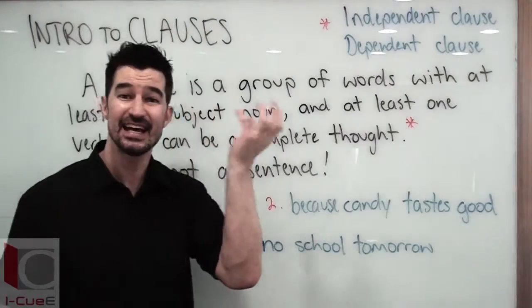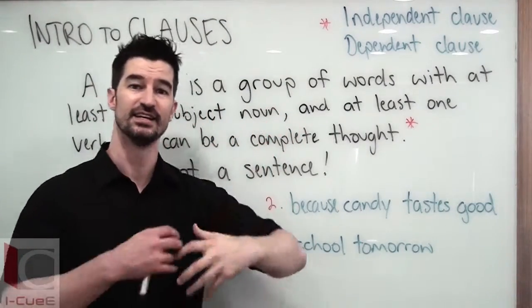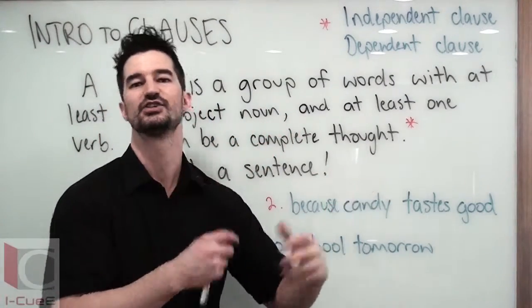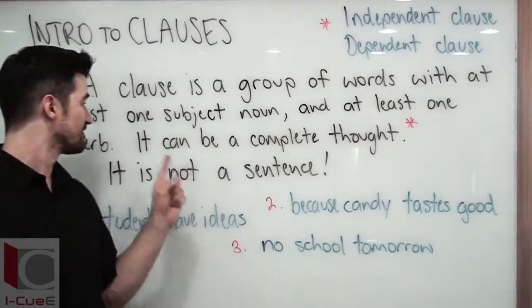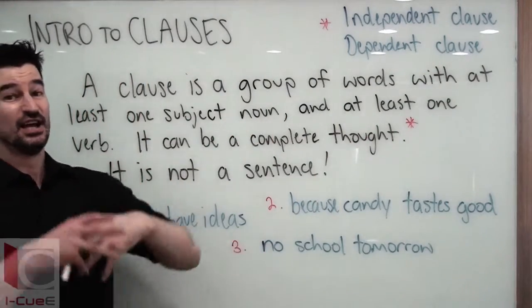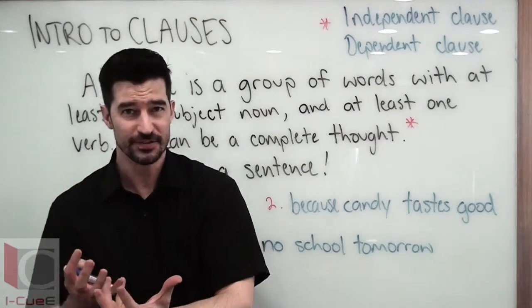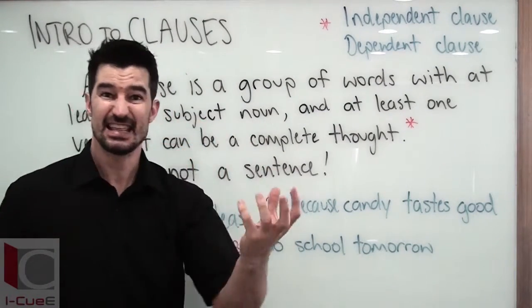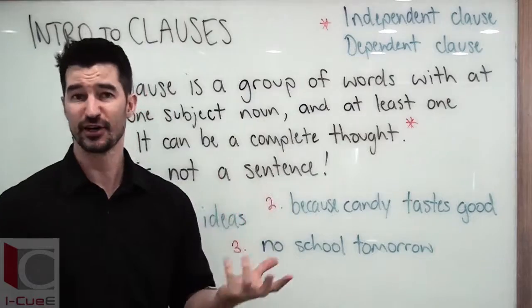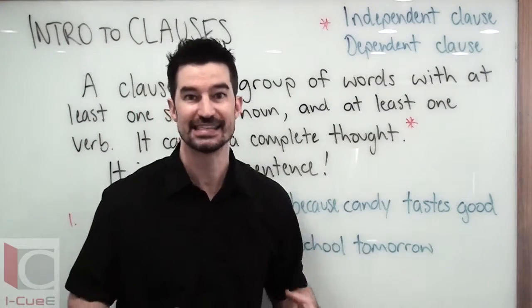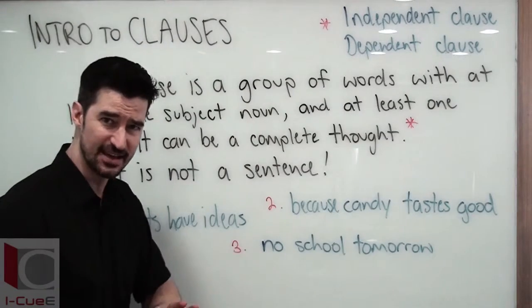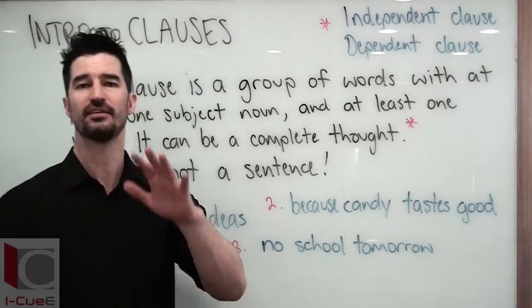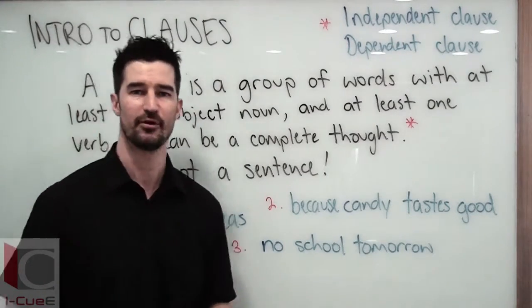You need the idea of who or what your clause is going to be giving information about. Also, you need at least one verb, because the who or what by itself can't be anything or do anything without a verb. Every clause needs at least one verb. Does that make sense? If not, you're going to have to ask your teacher about it later.